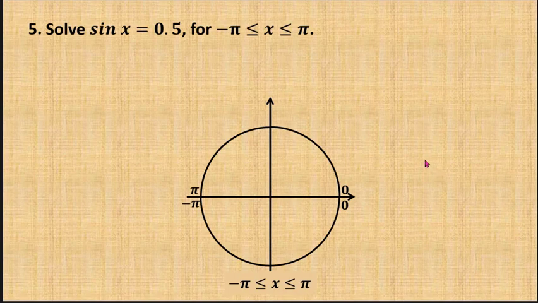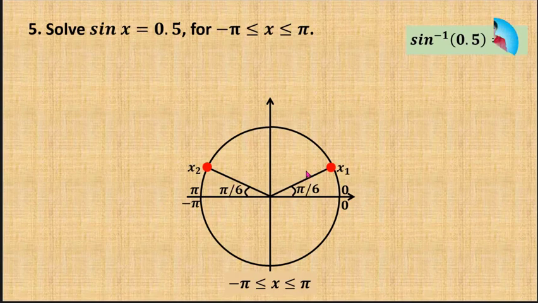The basic angle is pi over 6. Since sine x equals 0.5, it is a positive value, then the angles are in the first quadrant and second quadrant of the positive angle. The angle in the first quadrant is from 0 to x1 in the direction of anti-clockwise.